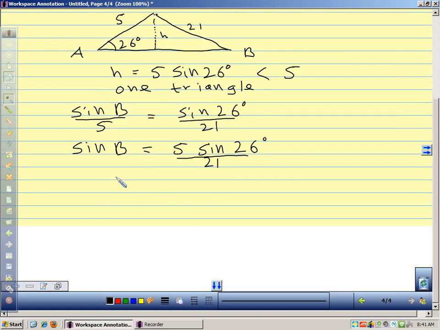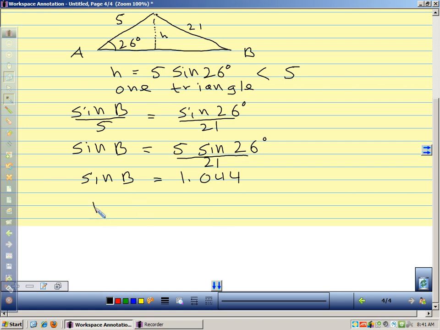If we plug that into our calculator, we get sine B is about 1.044. And if we have the sine of the angle, how do we find the angle from there? Inverse sine.